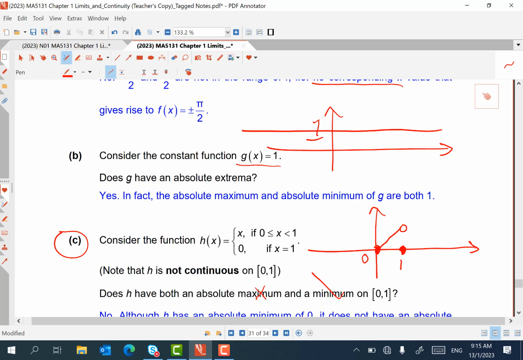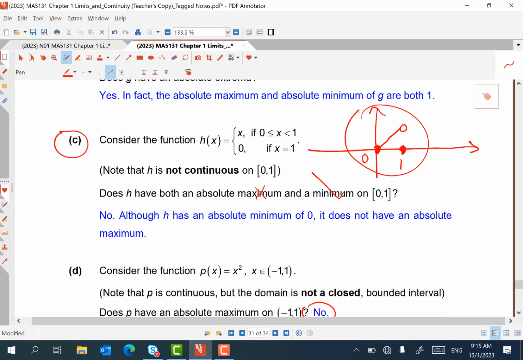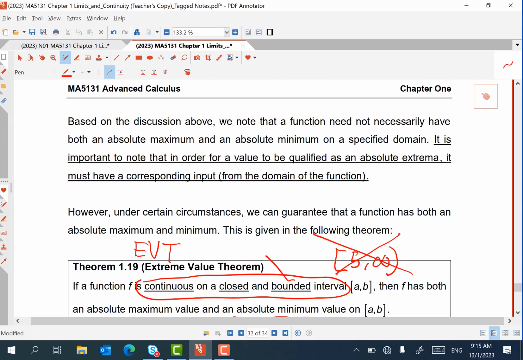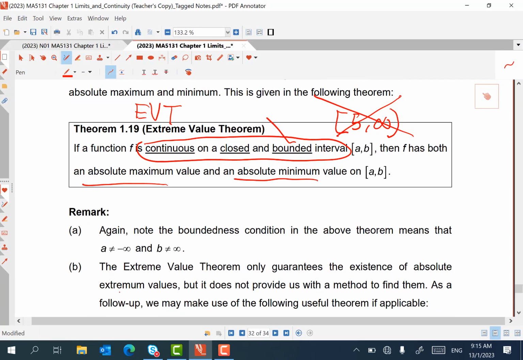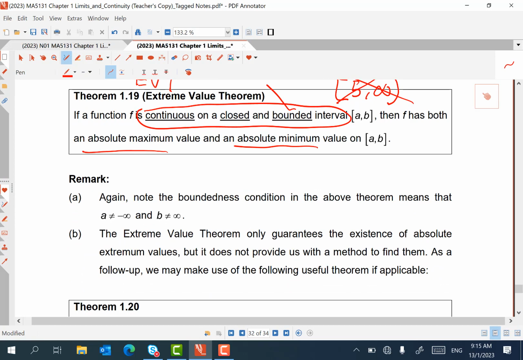Like this one, it's not a bounded interval. The interval we are talking about is from minus infinity to infinity. And likewise, this one doesn't satisfy the condition that it's continuous, but it still does have an absolute minimum. You know what I mean? So be very careful about this theorem. It only promises you that it surely has them if the conditions are satisfied; without which, it might or might not.